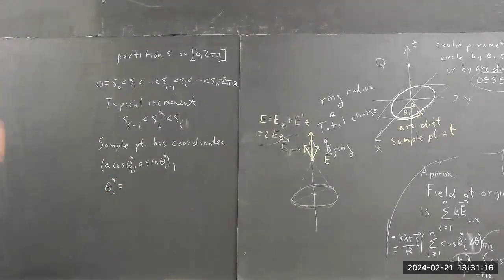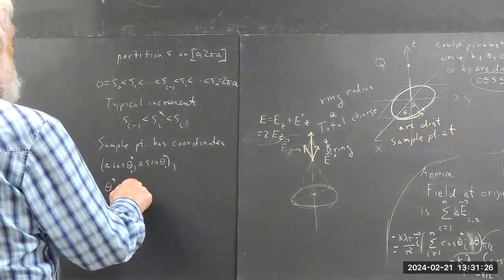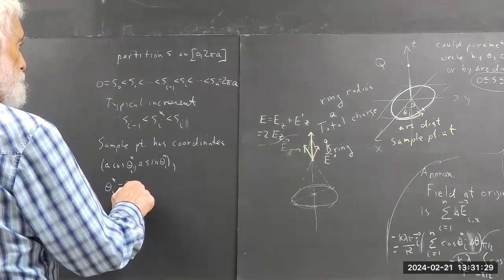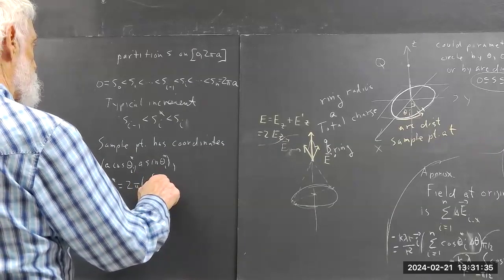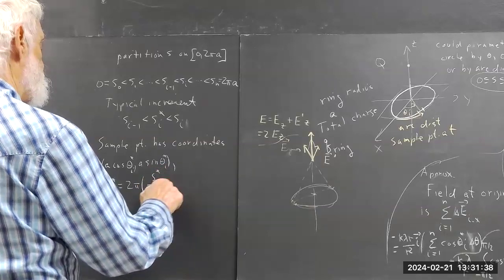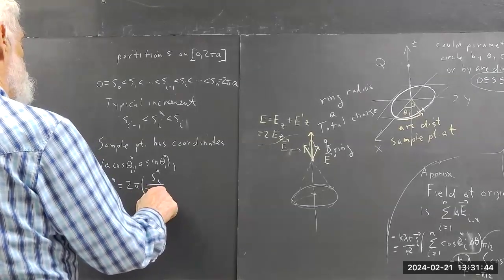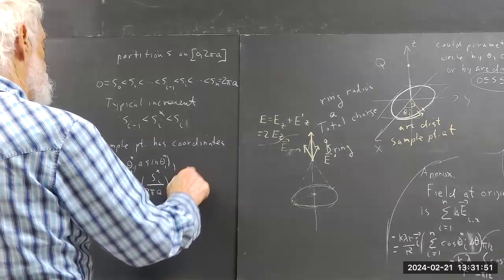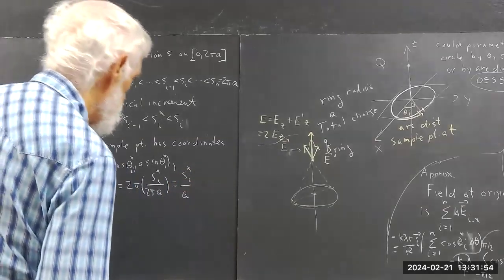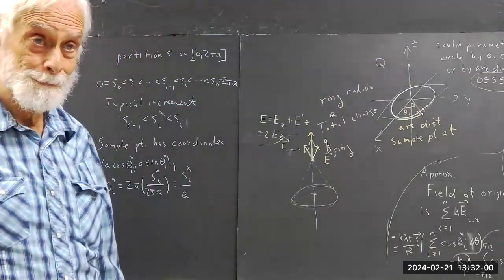Theta i star is 2 pi times s i star divided by 2 pi A, which is s i star over A, which we could have said just by the definition of a radian.